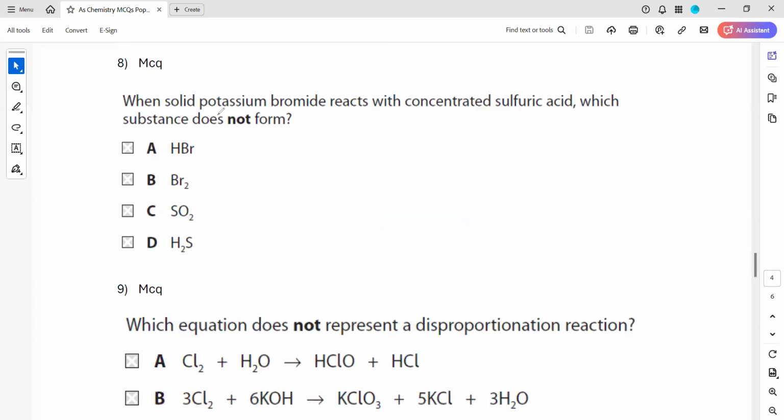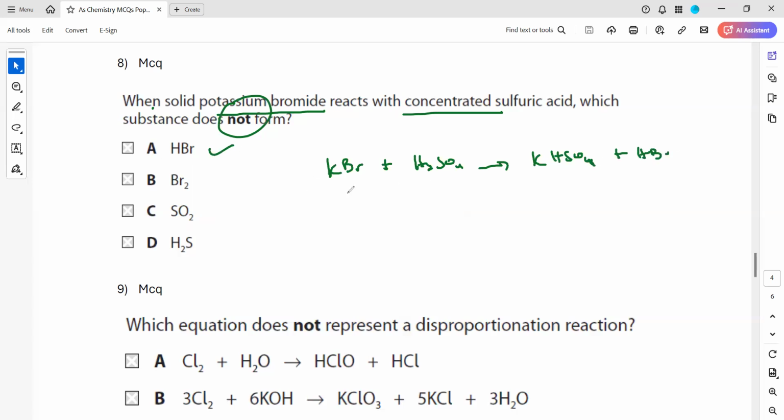When solid potassium bromide reacts with sulfuric acid, which substance does not form? As we just discussed, when potassium bromide reacts with sulfuric acid, first there will be an acid-base reaction. It will produce potassium hydrogen sulfate plus hydrogen bromide. So HBr is produced.